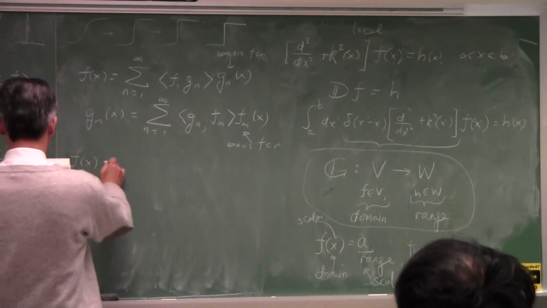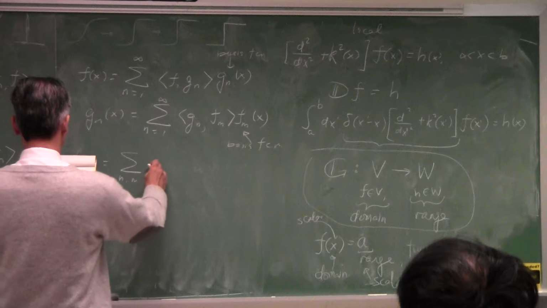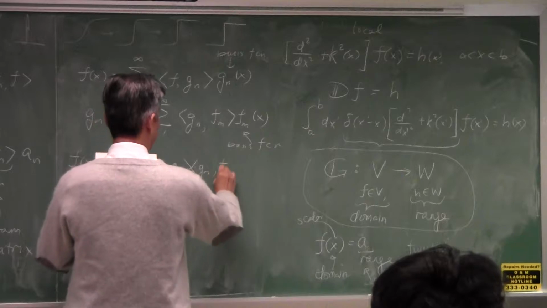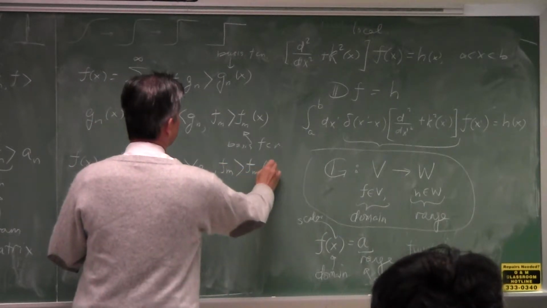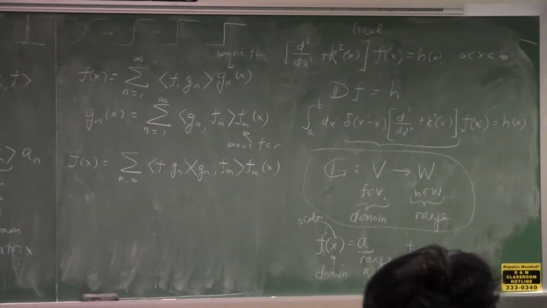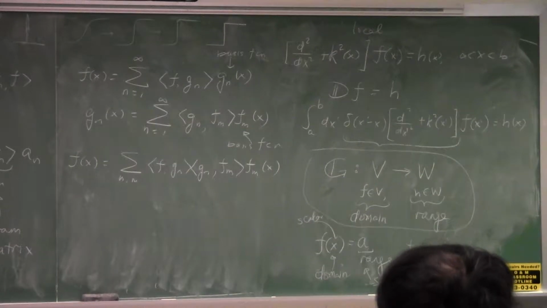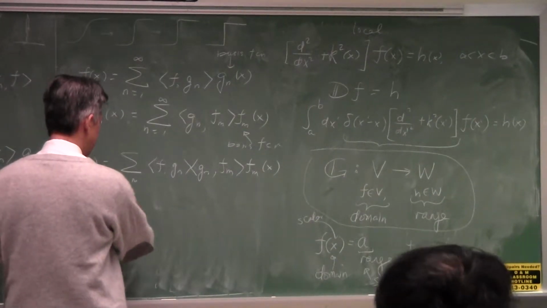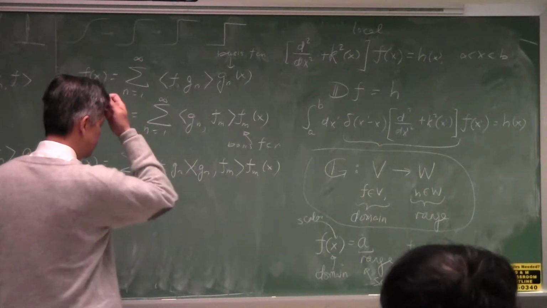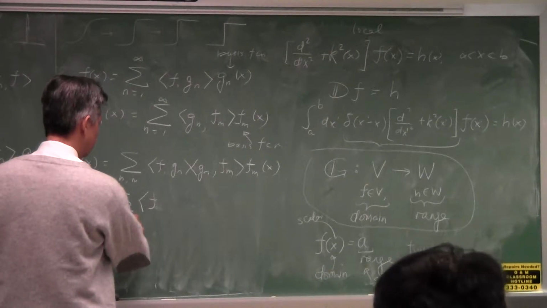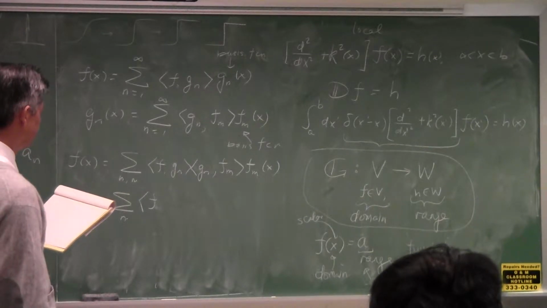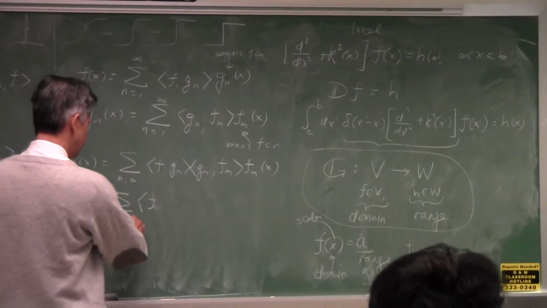I can say that f of x is equal to the sum over n, m of f comma g_n, comma f_m, f_m of x. I can think of this as the identity operator.